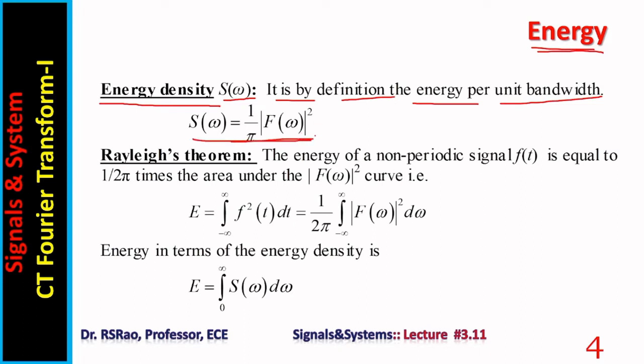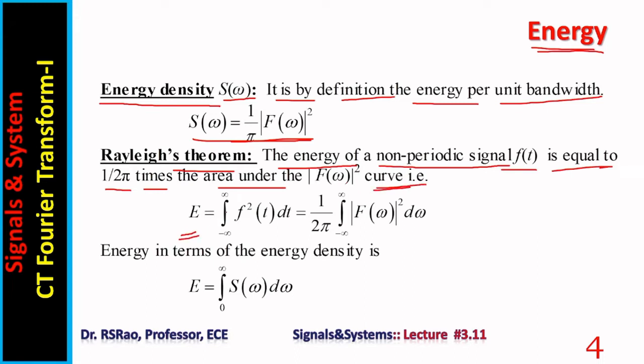There is a theorem called Rayleigh's theorem. This theorem is about energy of a non-periodic signal. What this theorem says, the energy of a non-periodic signal f of t is equal to 1 by 2 pi times the area under the |F of omega| squared curve.